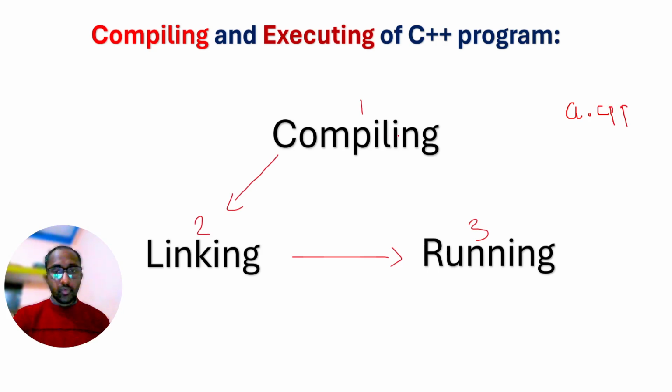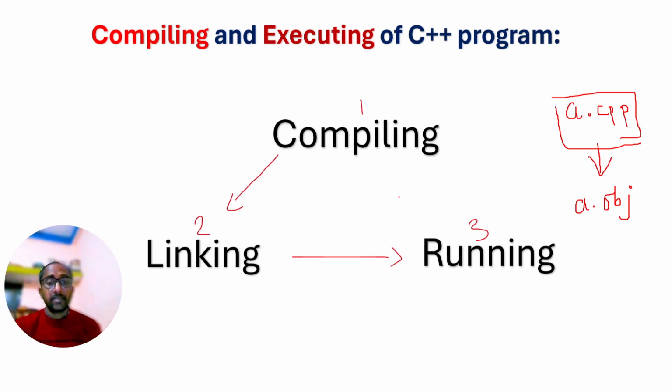When you compile it, it will be converted into machine code and the code will be converted to the object file. The name of the file is the same but the extension will be changed after compiling. The extension will be .obj, meaning object.